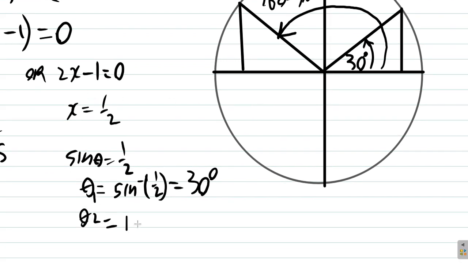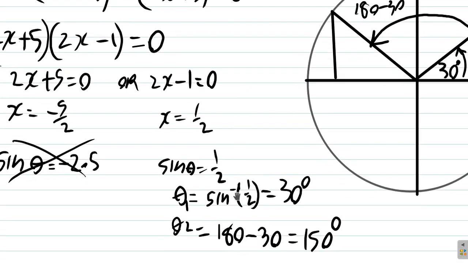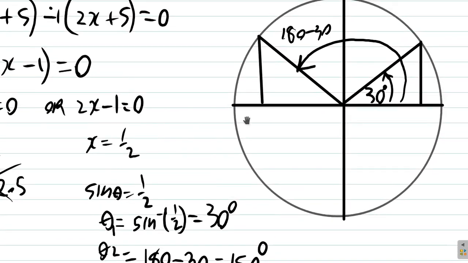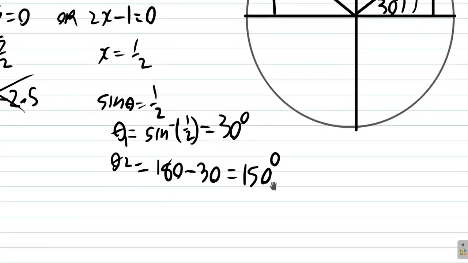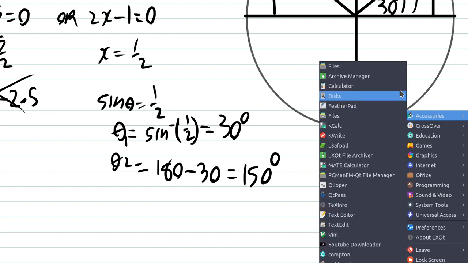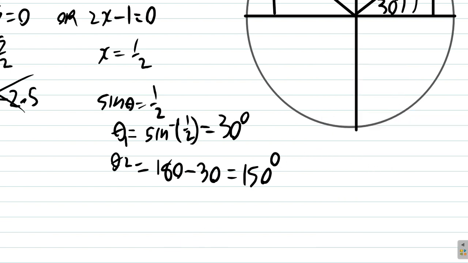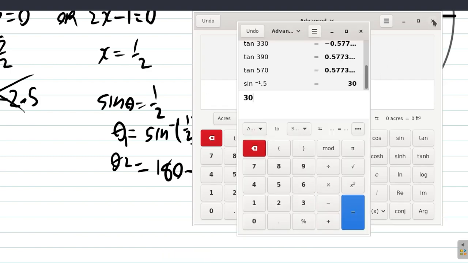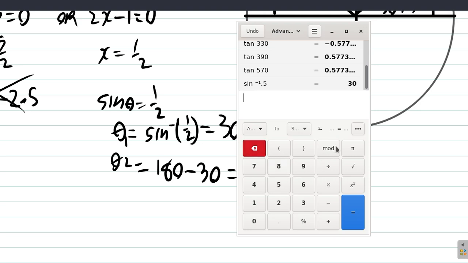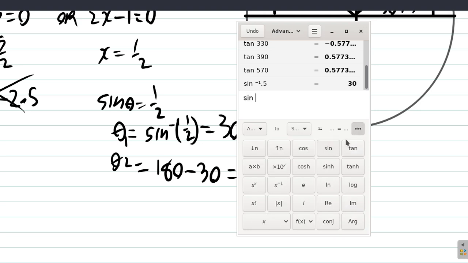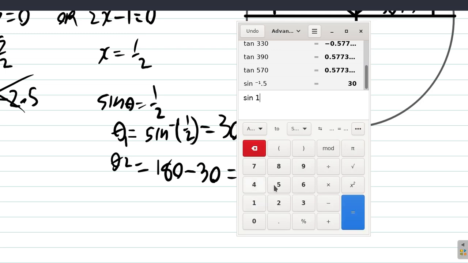Theta 2 would be 180 minus 30, which is 150 degrees. Remember, the sine of theta is half. So I expect the sine of 150 to be a half. Let's see how it's going to work out. The sine of 150 equals half. It is half.